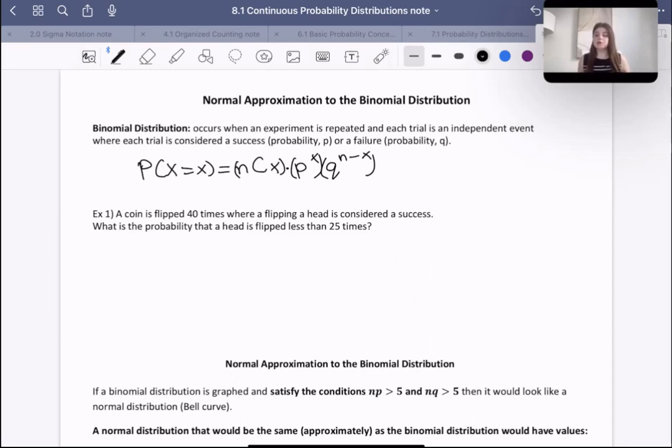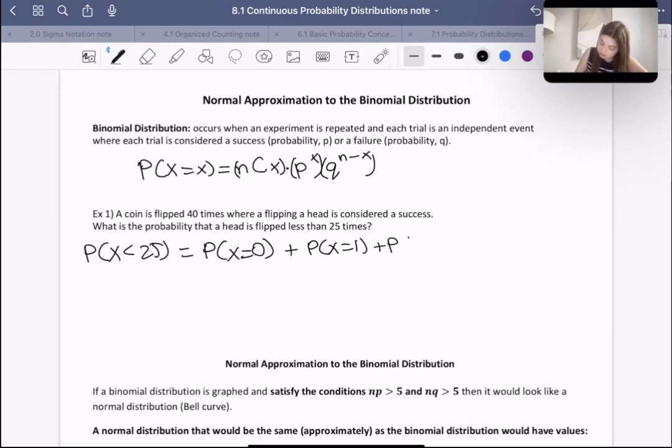We'd ask, what's the probability x is less than 25? We calculate the probability that it's exactly 0, plus the probability that it's exactly 1, plus the probability that it's exactly 2, and so on, all the way up to the probability that x equals 24, because it has to be less than 25.